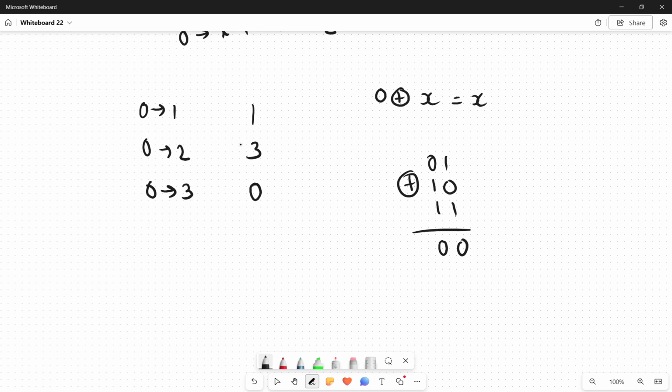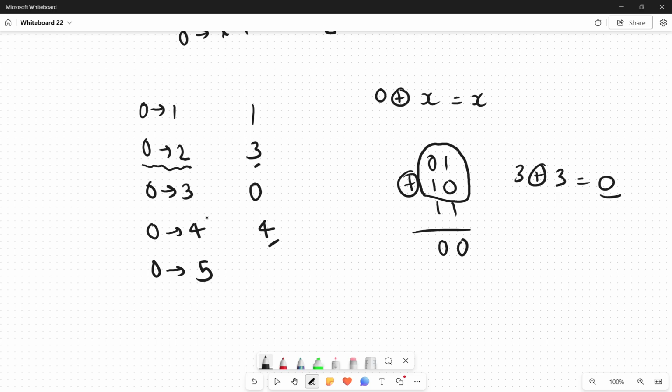It is pretty obvious because from 0 to 2 the XOR is 3, and when we XOR the 3 with this result, 3 XOR 3 should be 0. So that's why it is 0. And for 0 to 4 it should be 4, because 0 XOR 4 will be 4. And for 0 to 5, you can notice that it is 1.